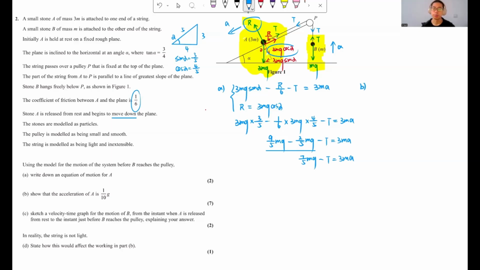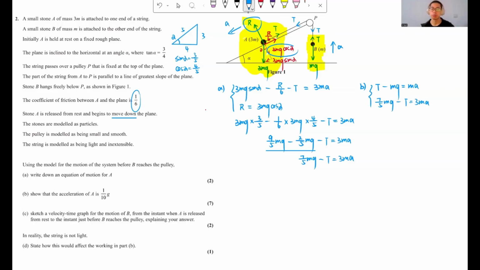And then for part B, so B goes upwards. So force to the moving direction upwards, which is T, and then downwards it would be mg. That's equal to mass m times acceleration. And then the other equation we have from part A would just be 7 over 5 mg minus T equal to 3ma.